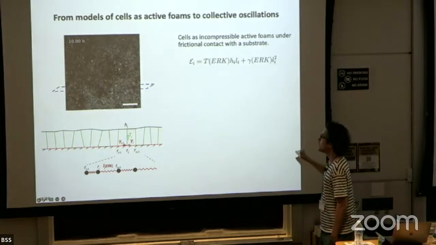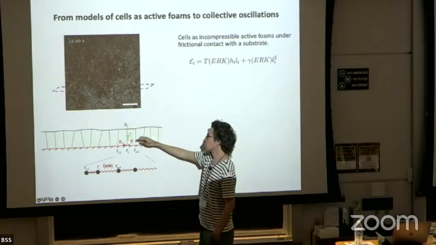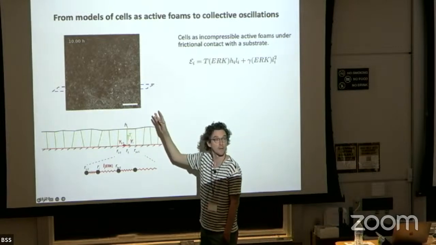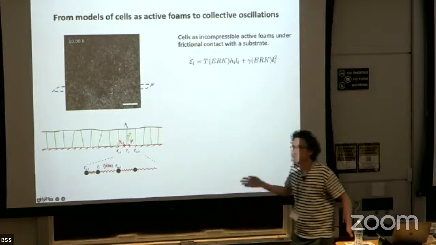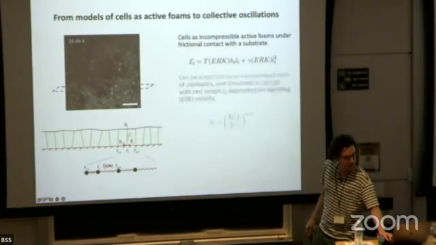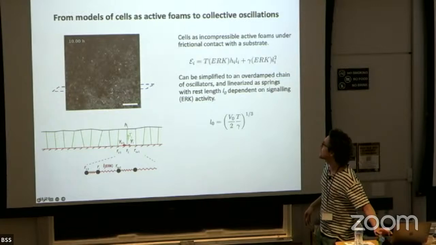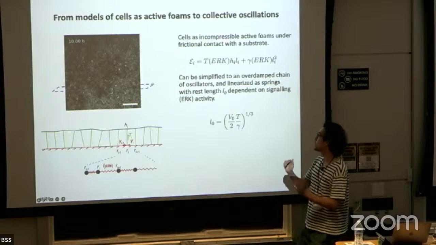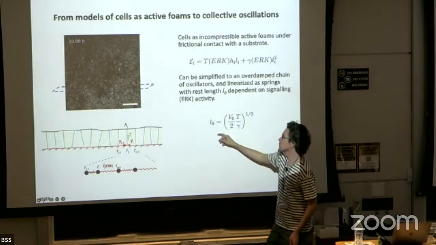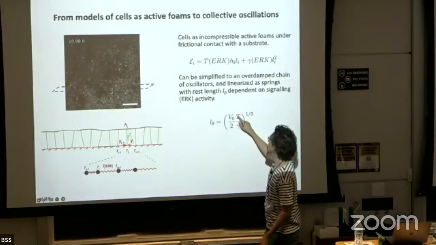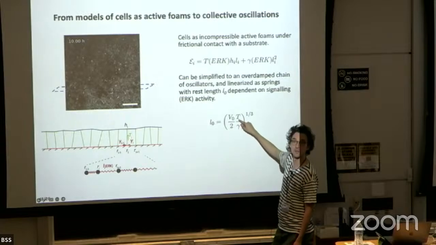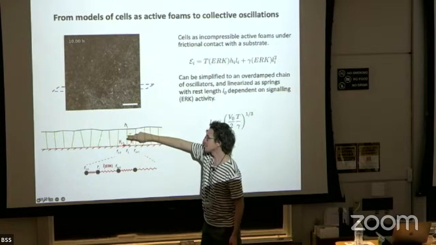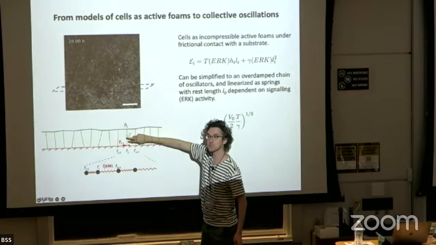That's your energy, and ERK, your biochemical activity, can change either of these tensions in an arbitrary way. We have no first principles to tell us that. What this tells you is that one cell wants to have an aspect ratio, a length L0, which is the ratio of these two tensions.